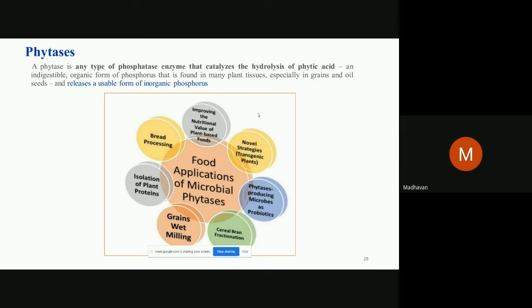It also has applications in blood processing, isolation of plant proteins, grains, wet milling, probiotic and prebiotic strategies, and cereal bran fractionation. Mainly, phytases are used to release usable inorganic phosphorus from anti-nutrient factors like phytic acid.